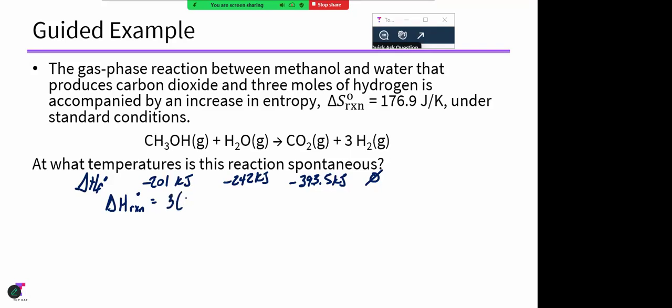So 3 times 0 for hydrogen plus negative 393.5 kilojoules for carbon dioxide minus reactants, negative 201 kilojoules for the methanol, and negative 242 kilojoules for the water.